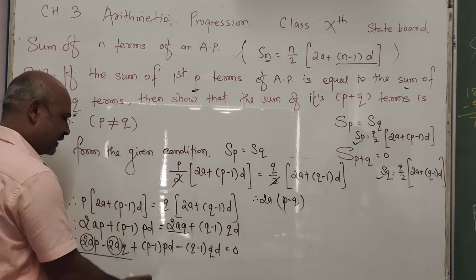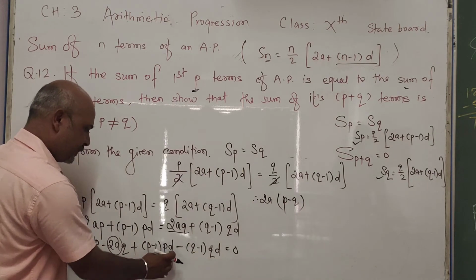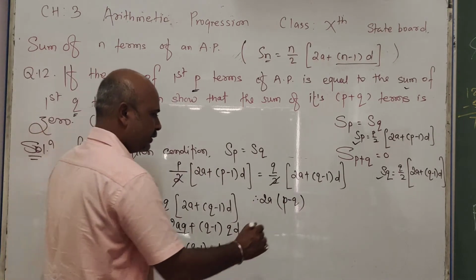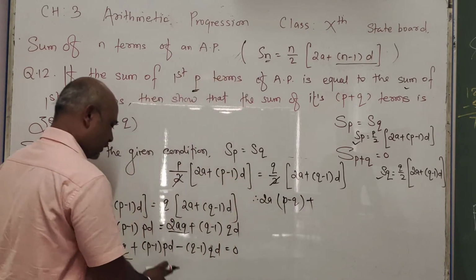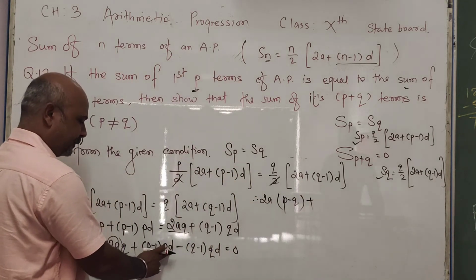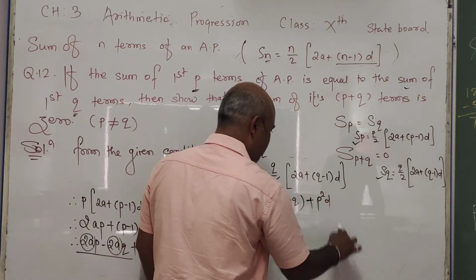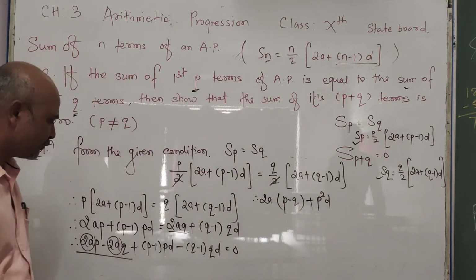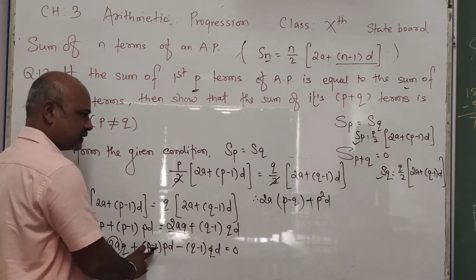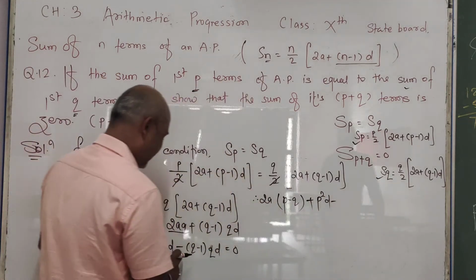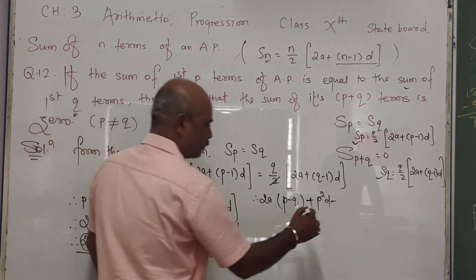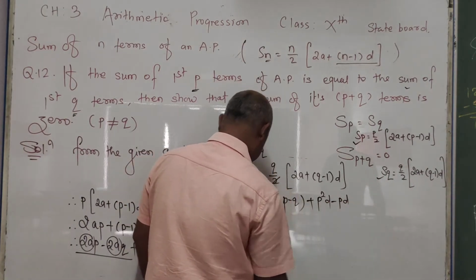Now student, I will multiply this bracket by pd. So you get plus pd multiplied by p, so p square d, minus pd multiplied by 1, so you get pd.